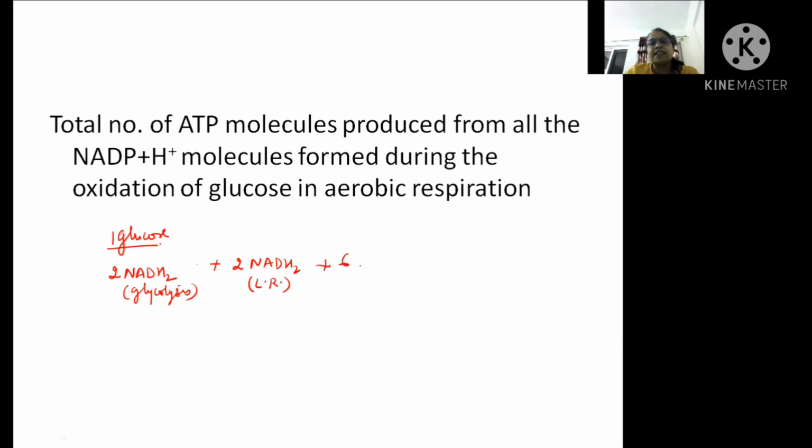Then we are getting 6 NADH through citric acid cycle because one citric acid cycle gives us 3, so 2 citric acid cycles will give us total 6. So total number of NADH we get is 10. And you know very well, 1 NADH gives rise to 3 ATP. So here your total will come 30 ATP by only oxidation of NADH plus H plus.